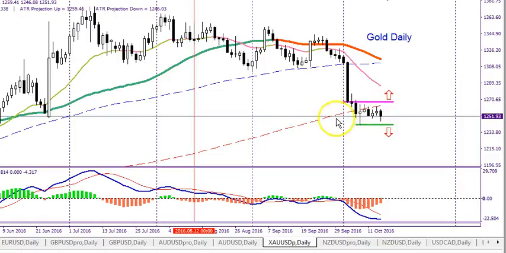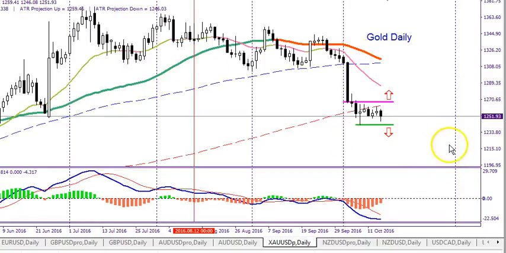This dashed line is the 200 SMA. So as long as price stays below here, and I've drawn the upper resistance area in the magenta line or the red line, you can see if price stays below that, price should continue going lower.